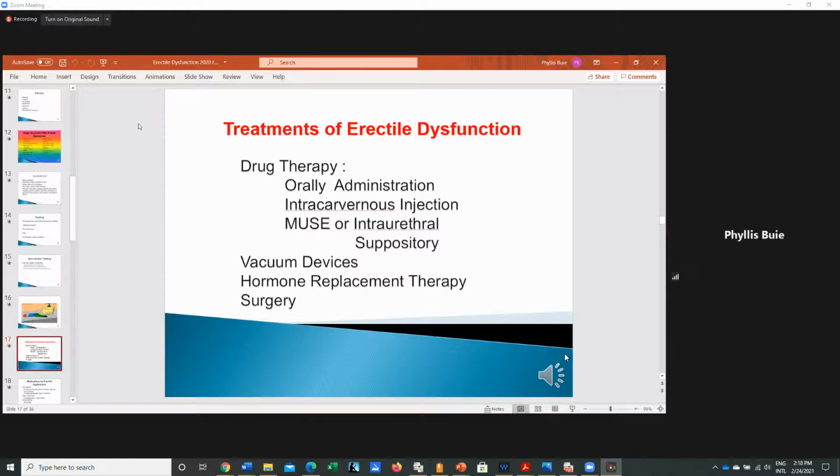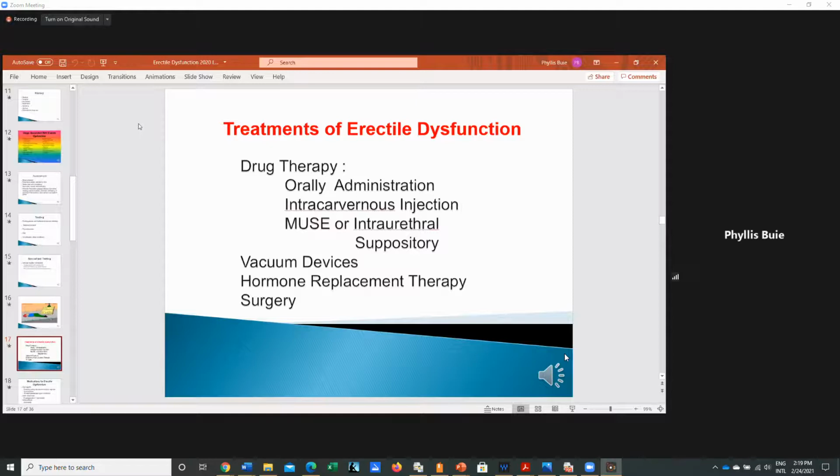It has a little valve that also goes down in the scrotal area, and you can pump up the cylinder that has been inserted in the penis. And then once they are finished with the sexual act, they can let the air out of it, and then it goes back down. So that's really come a long way in the last 2 or 3 decades. So that's an option, but we really don't see that done that much anymore because we do have all these nice drugs that we can use.